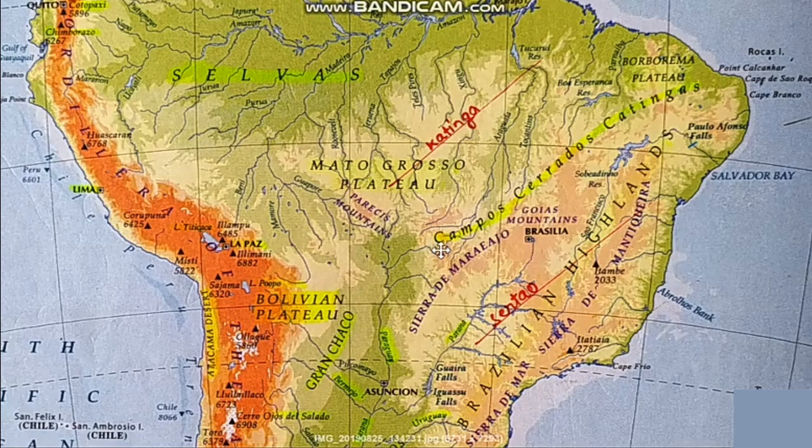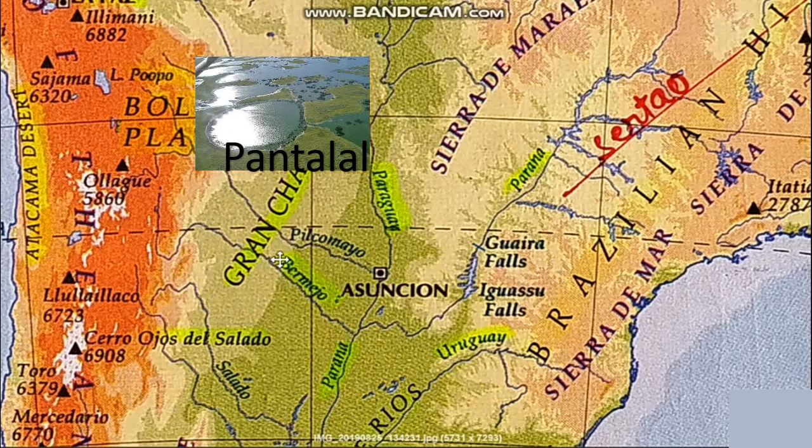Then here, on the east side, we have the Brazilian Highland. This part is the Brazilian Highland. Here we find that the Parana river flows from Minas Gerais, which means from the western part of Brazil.